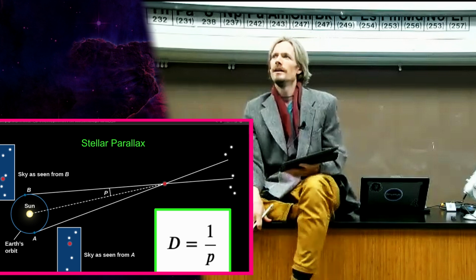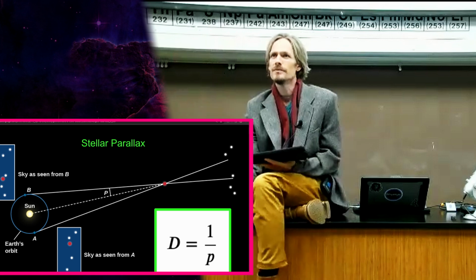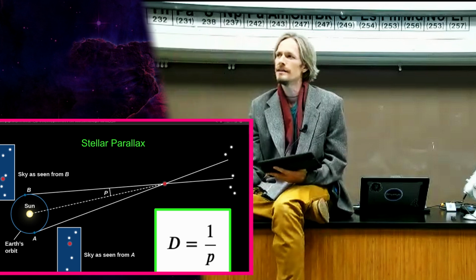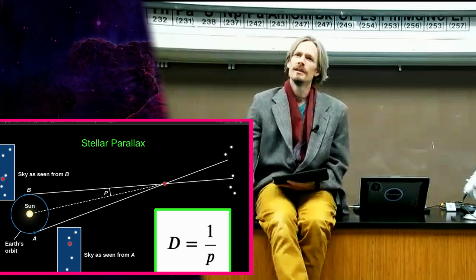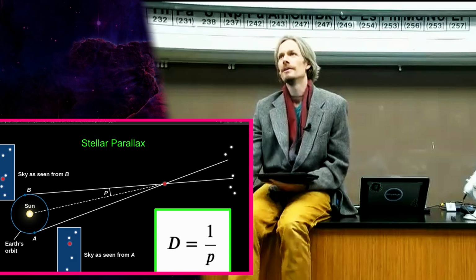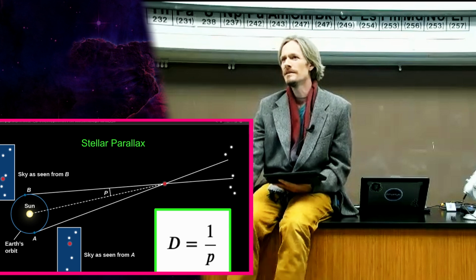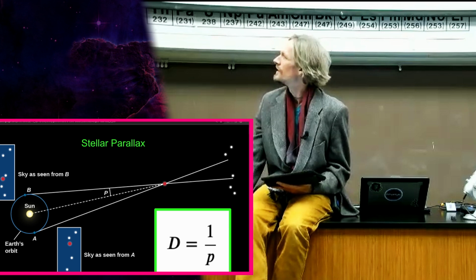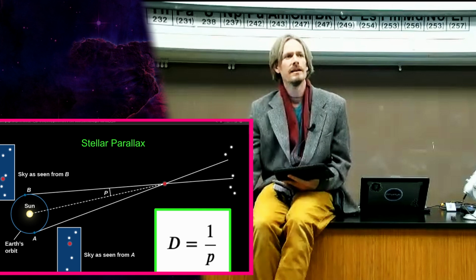Well, an arcsecond is an angle, right? It's a second, so it's 1/60th of an arc minute, and there's 60 minutes in a degree, and there's 360 degrees in a circle.